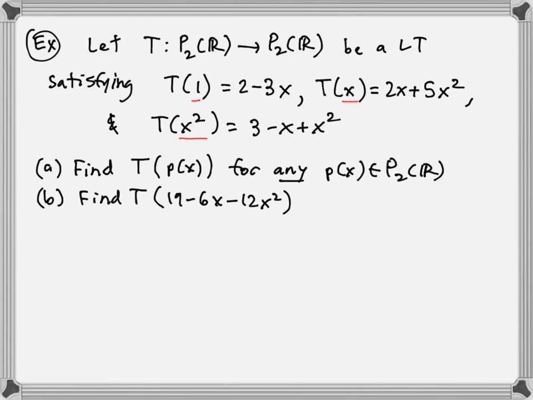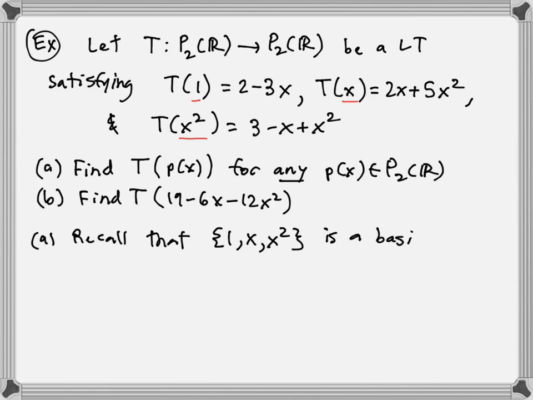Because, so this is for part A, I want you guys to recall that 1, x and x squared is a basis for P2 of R. So because up there they told us what T does to any of those guys, we should be able to find T of p of x for any p of x.